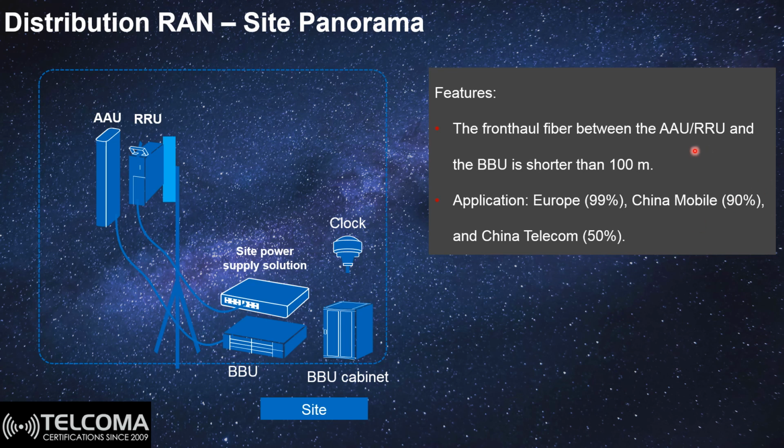So the fiber connection between the BBU and either the RRU or the AAU is around 100 meters, because generally you don't have sites that are higher than 100 meters. I would say 95% of operators over the world are deploying this: in Europe 99%, China Mobile 90%, and China Telecom 50%. This is a traditional way of distributing the RAN system.